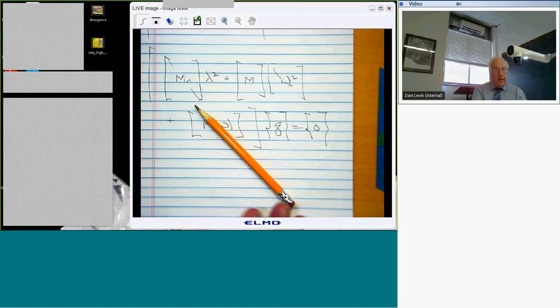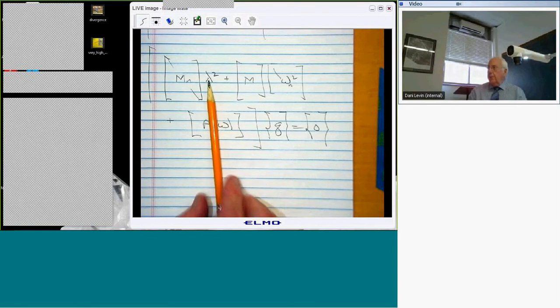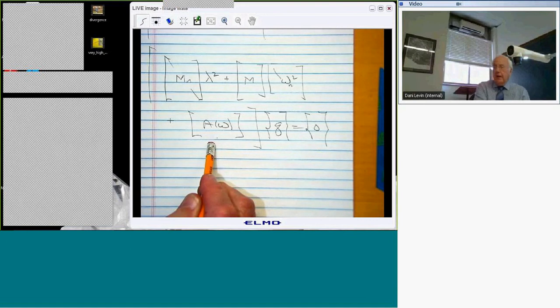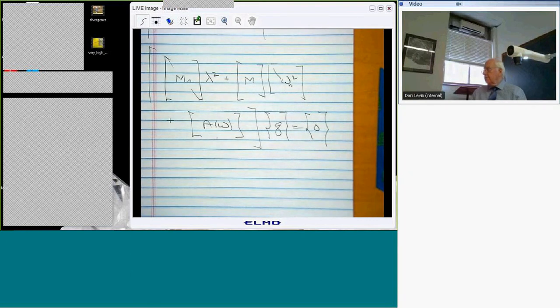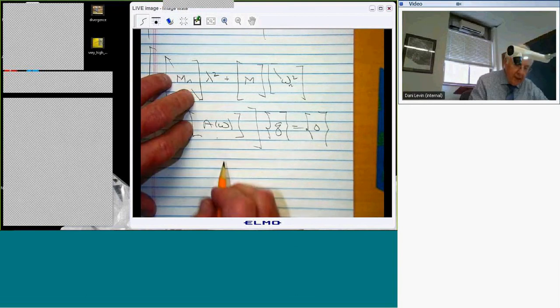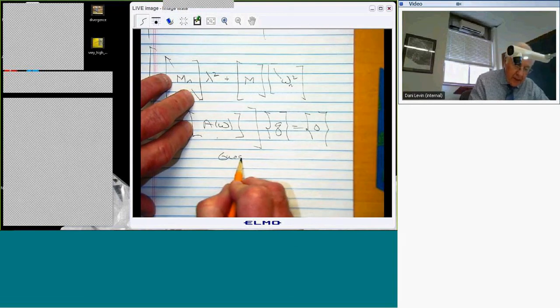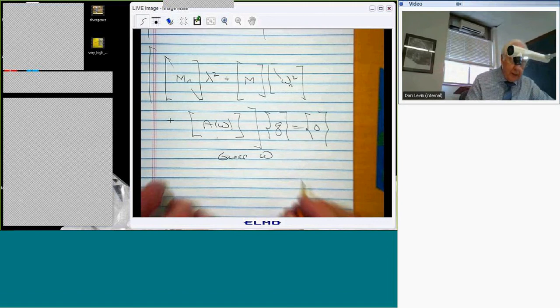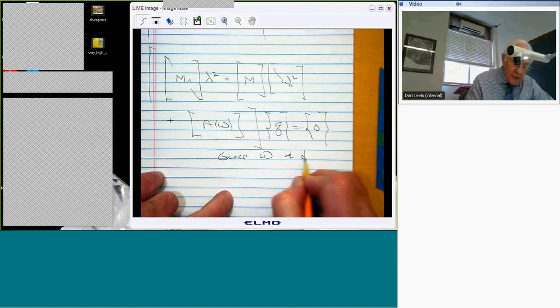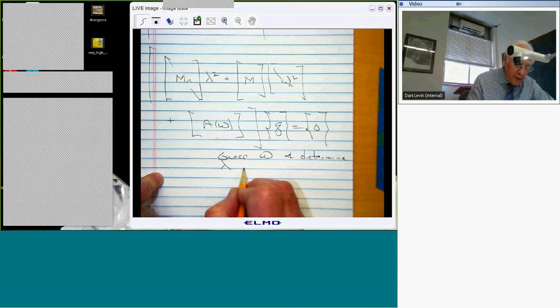And I could think of lambda as being my eigenvalue, and for some initial guess of omega, I could compute lambda, right, using standard eigenvalue techniques, right? So he said, let's guess omega. Remember, he's trying to find the flutter condition, so it's going to be a real number, usually. Guess omega and determine lambda in the usual way.